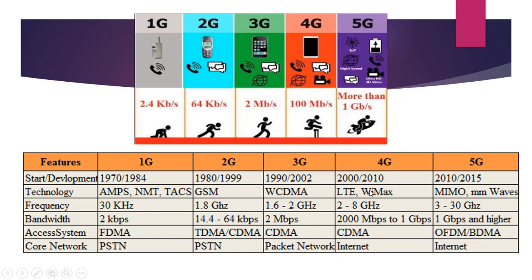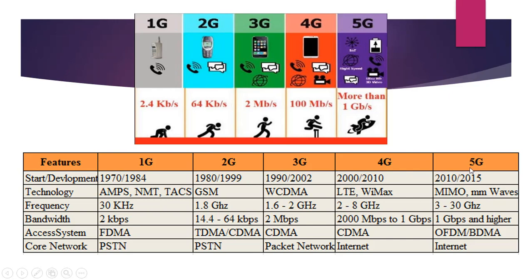Starting from 2000 to 2010, the technology was LTE and WiMAX. Operating range was 2 to 8 gigahertz, and the bandwidth was 2000 Mbps to 1 Gbps. And the access system was again CDMA, and the core network was internet.